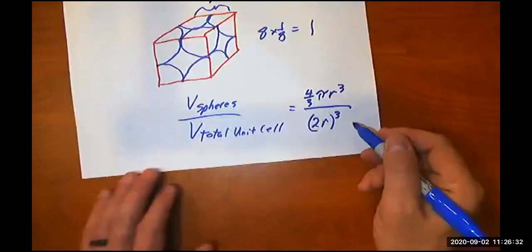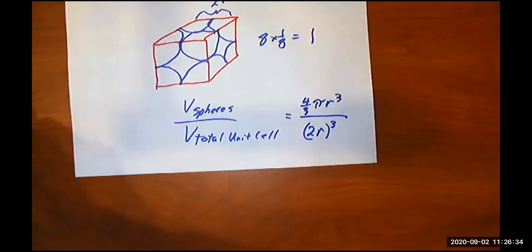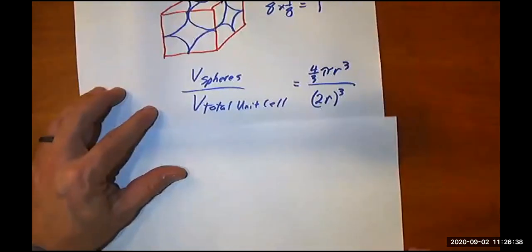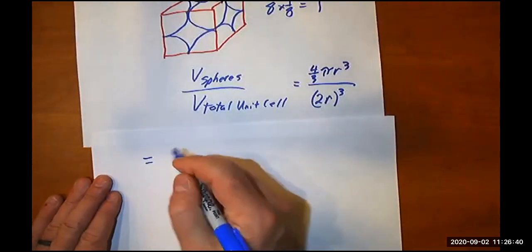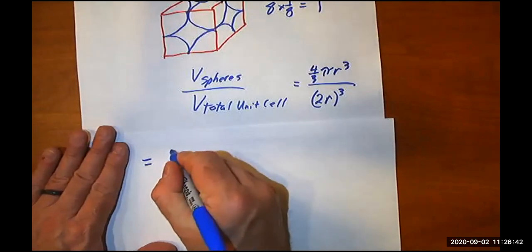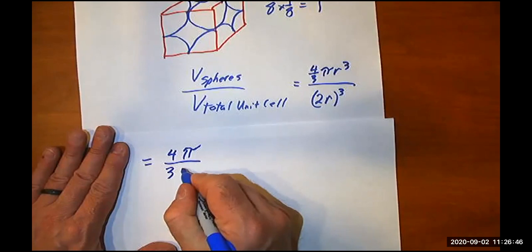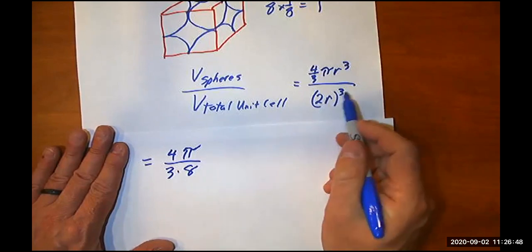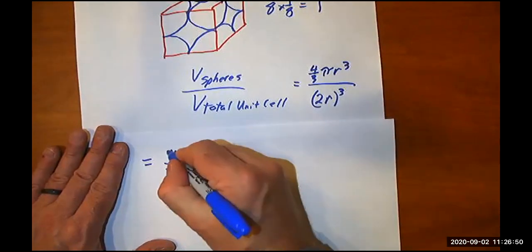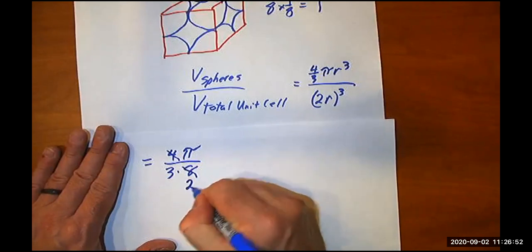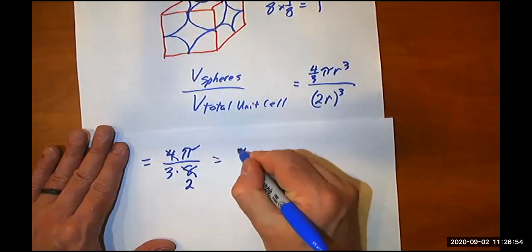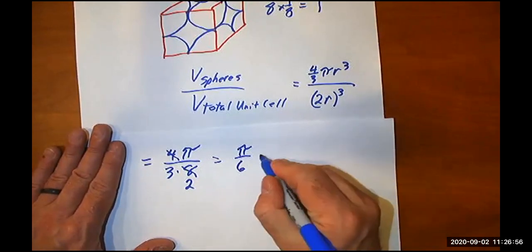So the r's cancel. And so we have 4 pi over 3 times 8, because 2 cubed is 8. 4 cancels, this becomes a 2. So we get pi over 6.